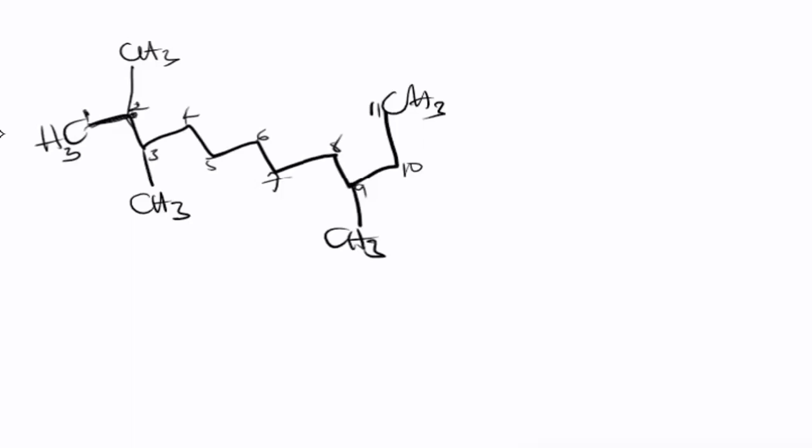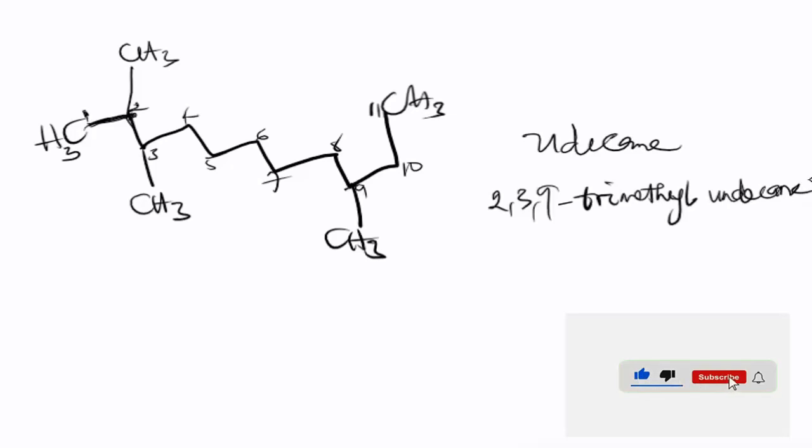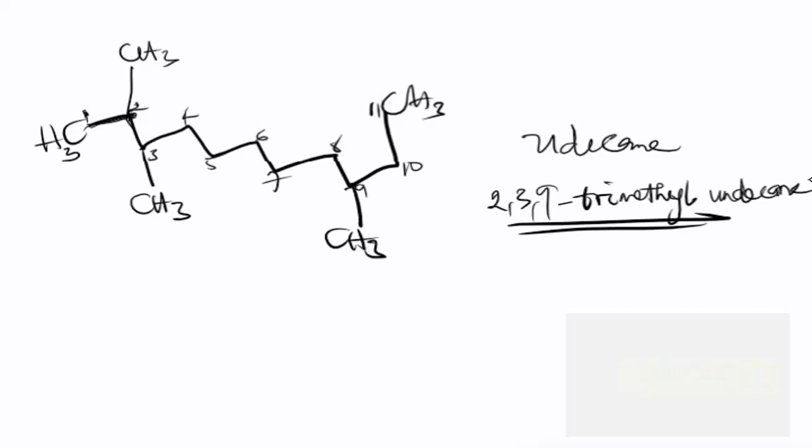An 11 carbon alkane is an undecane, and I have methyl at 2, methyl at 3, and methyl at 9. So I have 2, 3, 9, trimethylundecane. Wow. So you see how simple it looks to actually name these compounds.